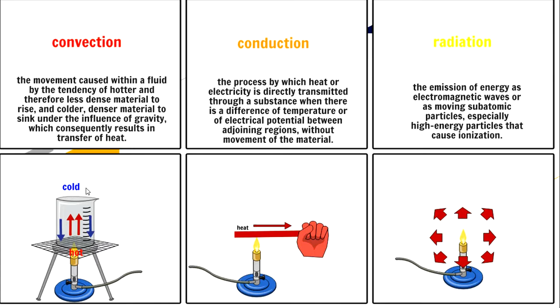Convection is the transfer of energy by the flow of a liquid or a gas. Convection occurs in liquids and gases but not in solids. Remember, convection does not occur in solids. Convection occurs because most liquids and gases become less dense when heated. Their particles move faster and further apart. Convection cycles are responsible for transferring energy throughout Earth's atmosphere and oceans.